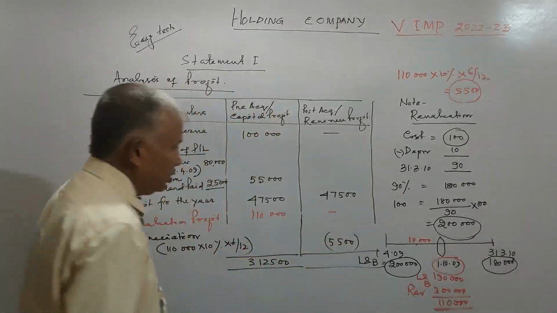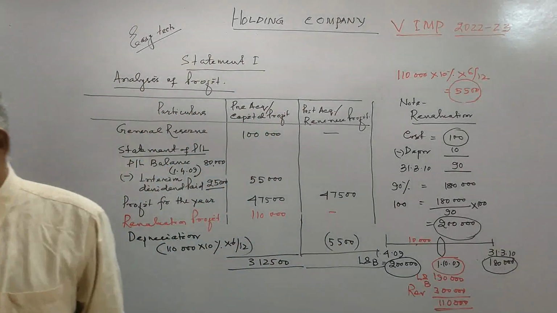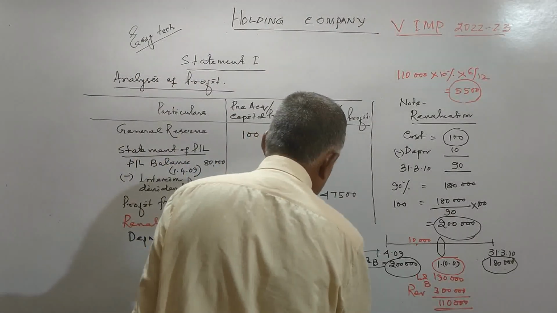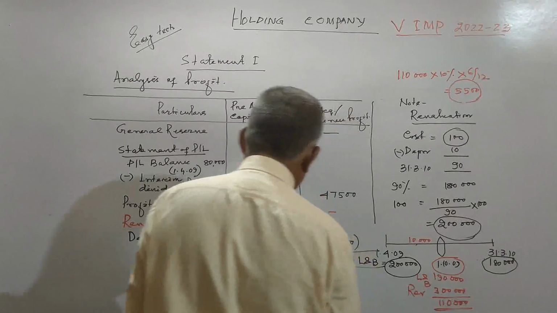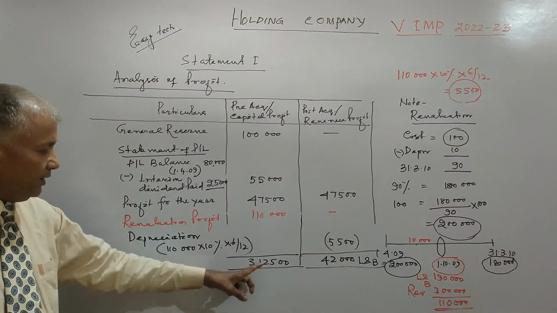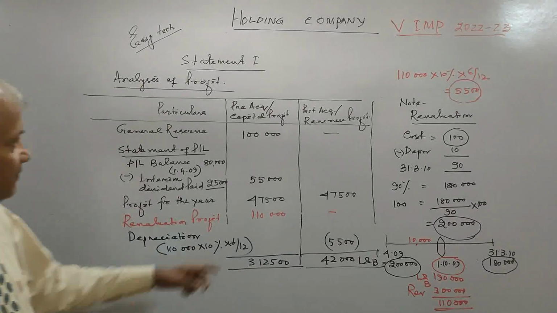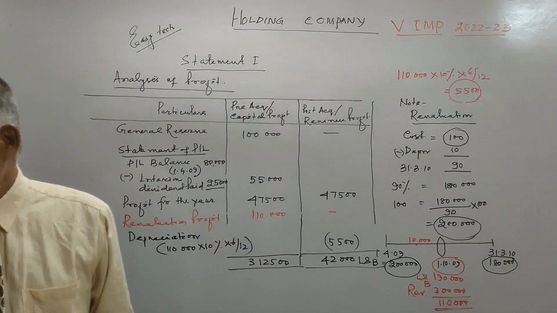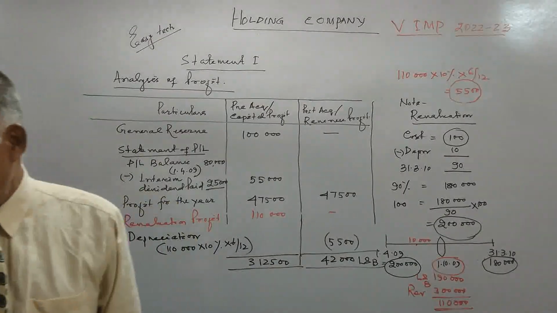And if we add it, it comes to 42,000, right? So the pre-acquisition total profit is 3,12,500 and post-acquisition total profit comes to 42,000.